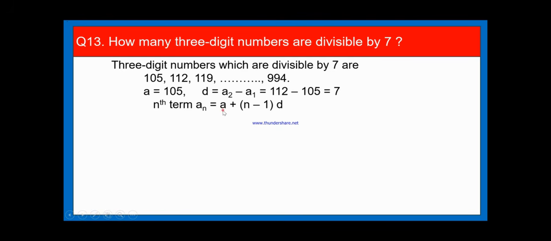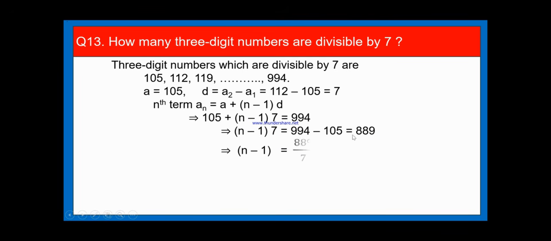Now here substitute the a value. The a value is 105 plus n minus 1. We have to find the n value. Therefore, write n as it is, n minus 1 into d. d is 7, is equal to the total value of this term, which is 994. So equate it to 994. Then n minus 1 into 7 is equal to 994, and 105 to the other side becomes minus 105. If you subtract 105 from 994, you will get 889.